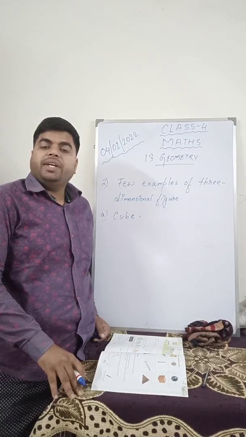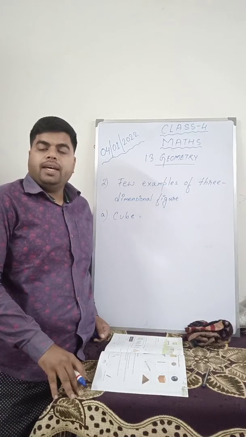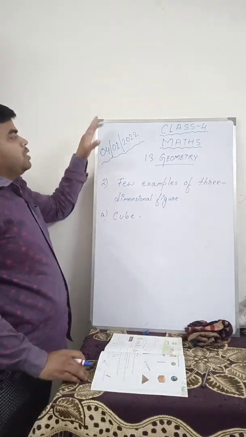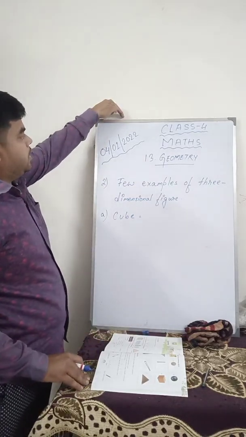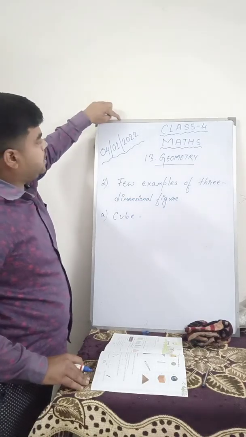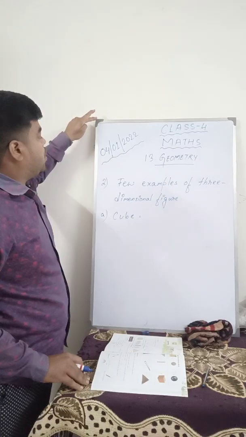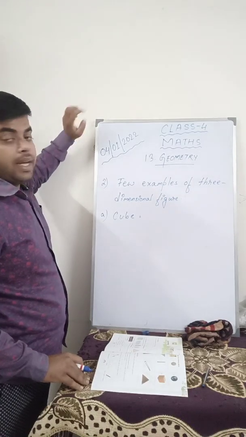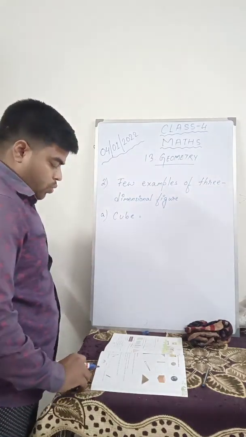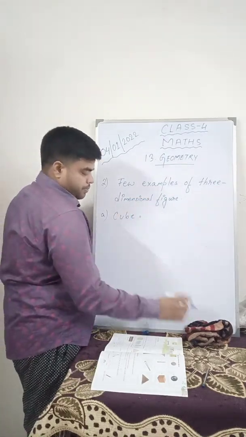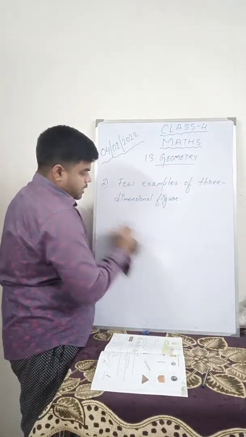Vertex is the meeting point of the corners, edges are the meeting points of the faces. So if you talk about this whiteboard, the face is this and this. This is the edge, and the vertex is this corner where all the edges come and meet. So you have to know different types. So I'll make a chart.